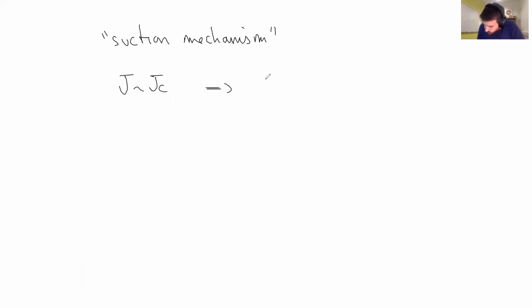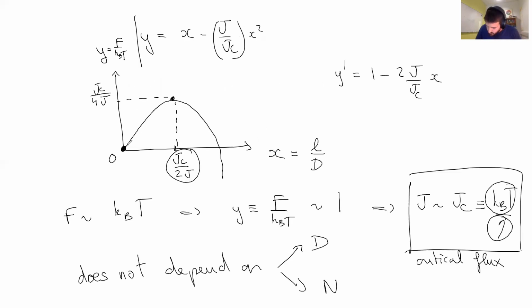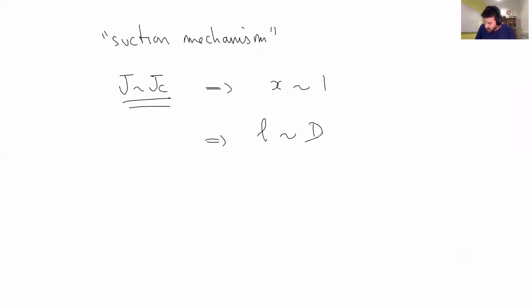It's of the same order of magnitude, which means that L is equal to D. So for having invasion of your pore, you need to put jc, but as soon as you have put that flux, it will allow you to pay that price typically, and then one blob will enter. So L equal to D is one blob inside.